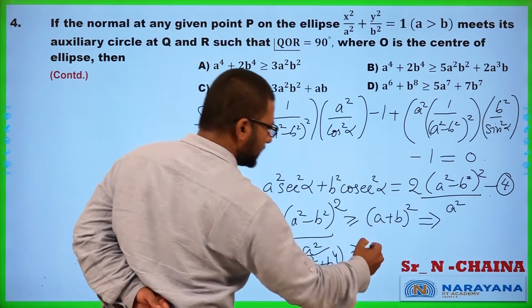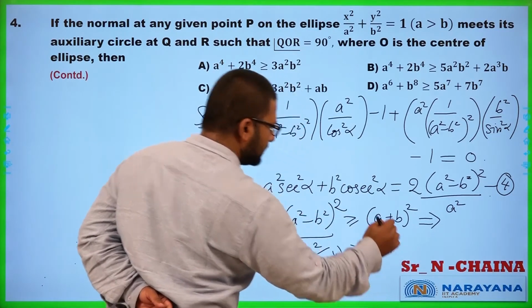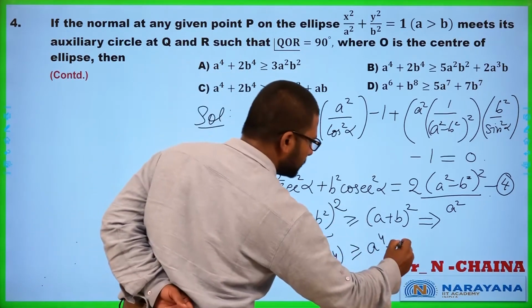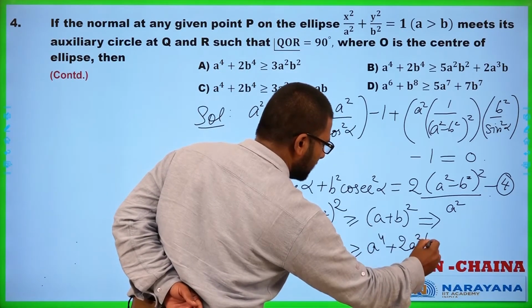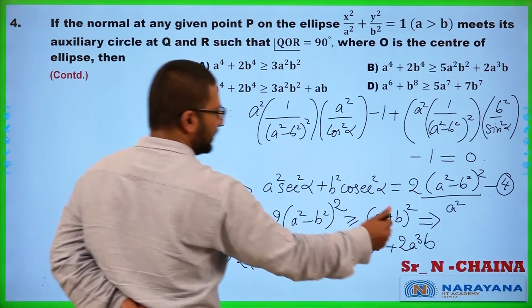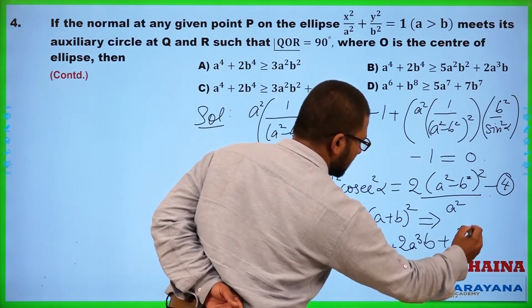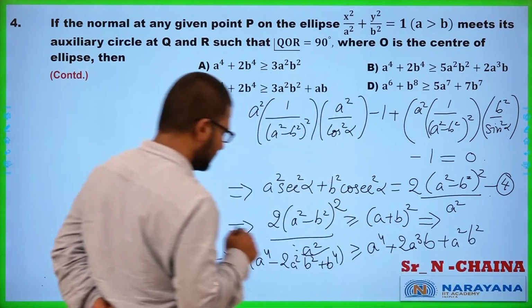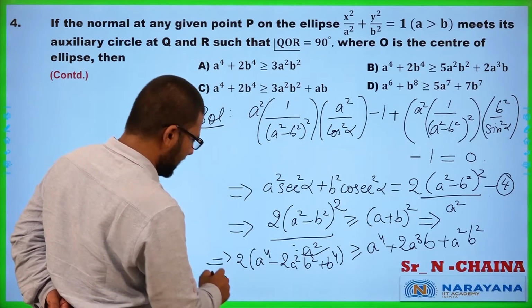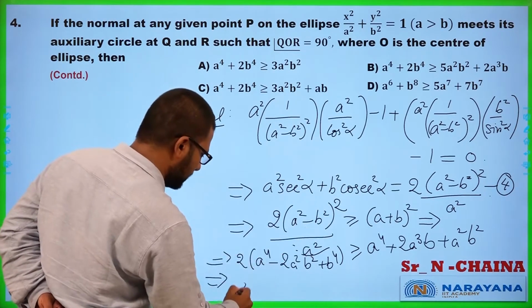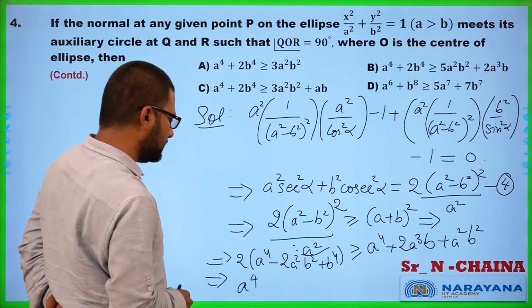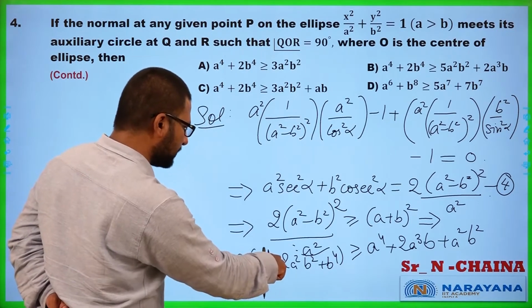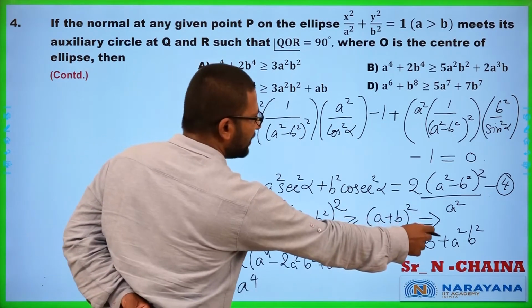So a square into a square, a raised to 4, then 2ab into a square, so 2a cube b, and then a square into b square. Correct? Alright. So we have 2a raised to 4 and a raised to 4, therefore a raised to 4, then minus 2 a square b square and an a square b square.